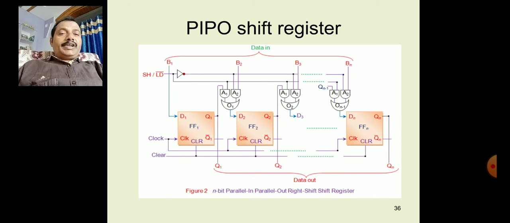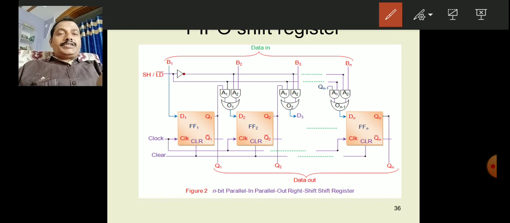So PIPO shift register, previously with the help of mode control bit, I told you this is the mode control bit. Here its name is shift load. That means observe here, the data is loaded into the parallel PIPO register, and once it is loaded, then shift operation can be done.